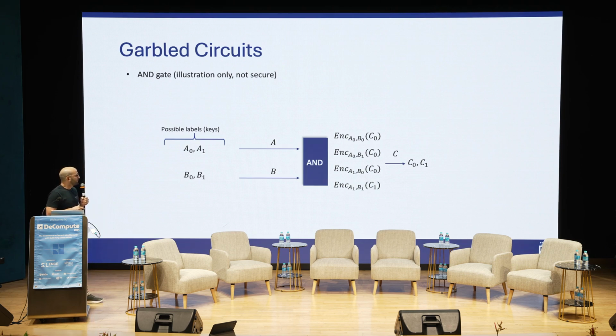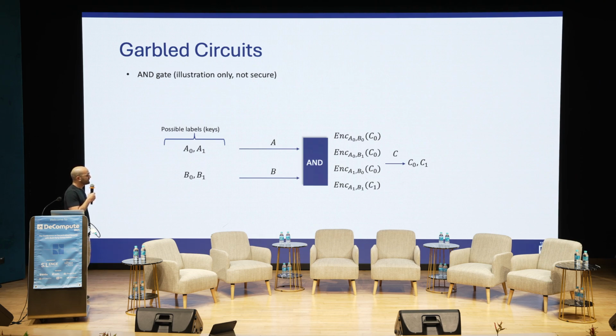So the idea is a simple Yao-based protocol where we encrypt each of the output labels by all possible keys of the input wires that lead us to that specific key.